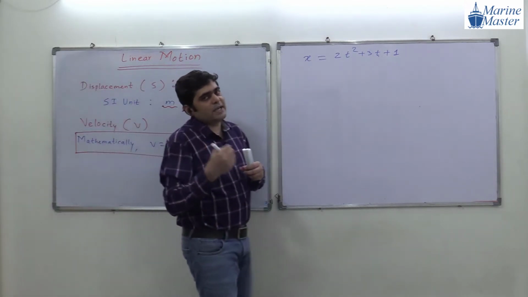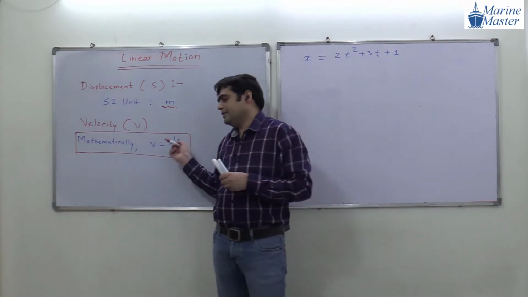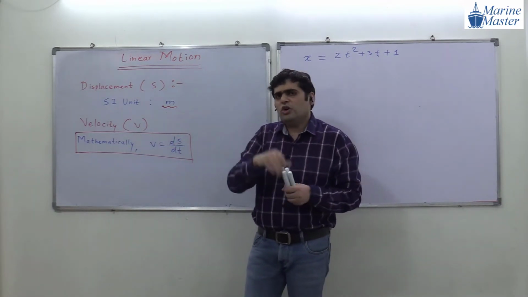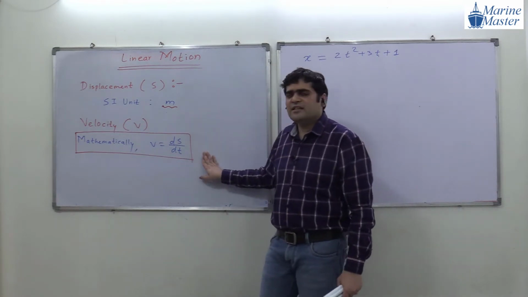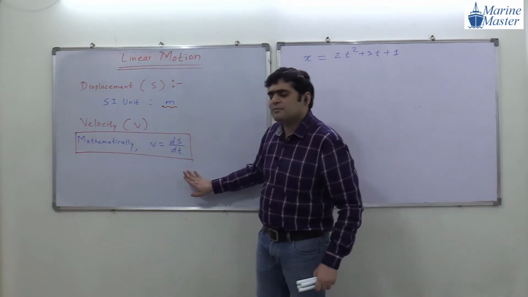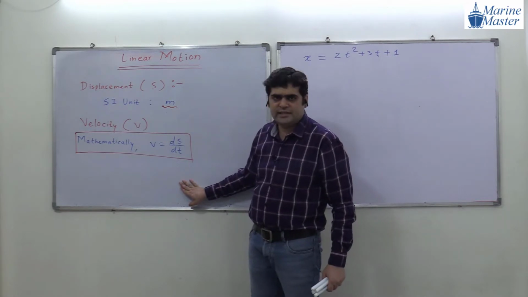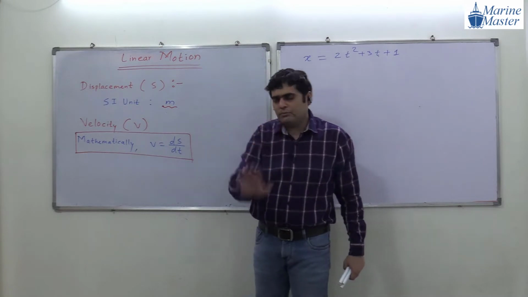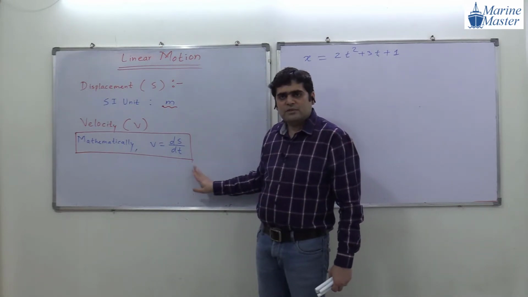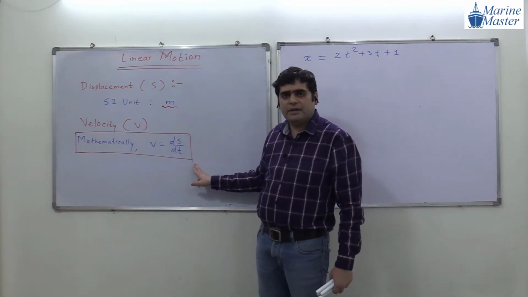Those who want to give the maths paper, if you are not able to understand these things, don't worry. This is just for the mathematical definition, nothing else. We don't need this definition in mechanics, but for mathematics this definition is very, very important.